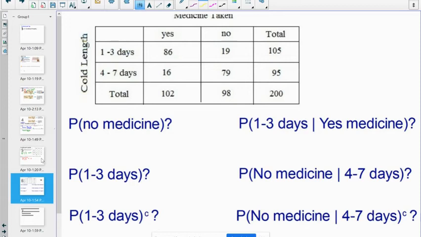Okay, it might work. So the probability of no medicine. No over here is 98. So this is back to the last unit. So 98 over our total of 200. So we have no medicine over total.